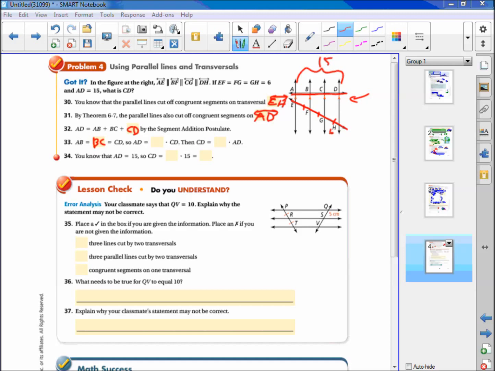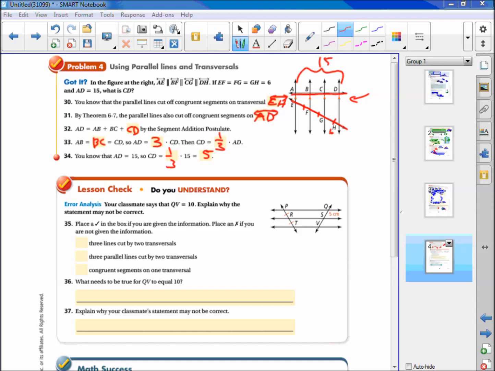Okay, so AD should be equal to 3 CDs, 3 of them together. So if you knew one of the little ones, it's just 3 of the same. Therefore, CD is going to be equal to 1/3 of the length of AD. You know AD is 15, so CD should be equal to 1/3 of 15, which is 5.